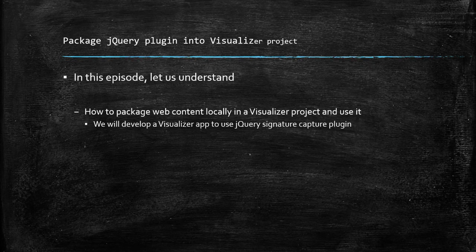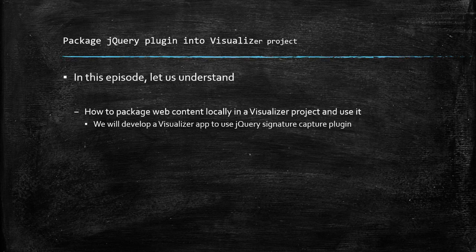So, as part of this episode, we saw how to include a jQuery signature capture plugin into the web content as part of the visualizer project locally and use that inside a visualizer form, and capture the signature from the jQuery plugin.